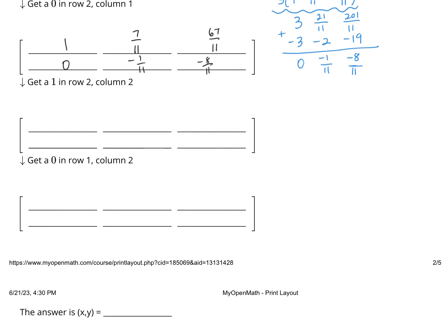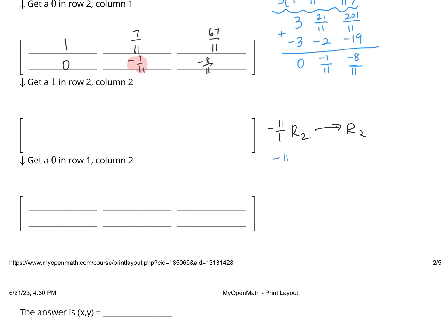Okay, now it says get a 1 in row 2, column 2. So row 2, column 2, that's here. So we want that to be a 1. Whenever we're trying to get a 1, we always are using multiplication. So to get a 1, we multiply by the reciprocal. So we would want to do negative 11 over 1, that's the reciprocal, times row 2, and replace row 2. So let's see what we get when we do that.